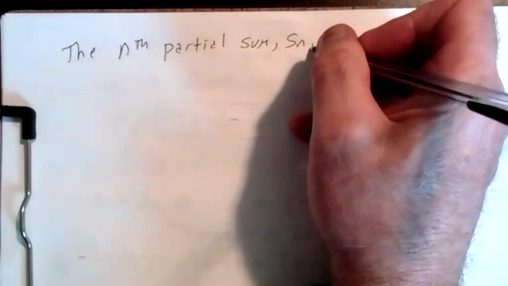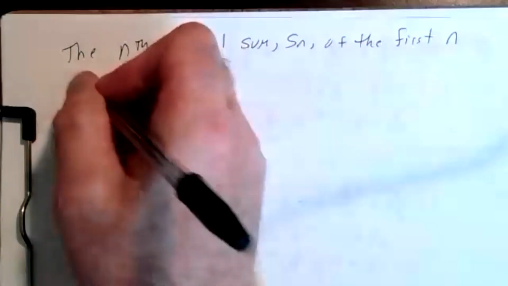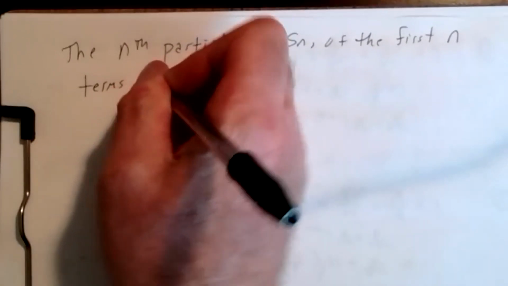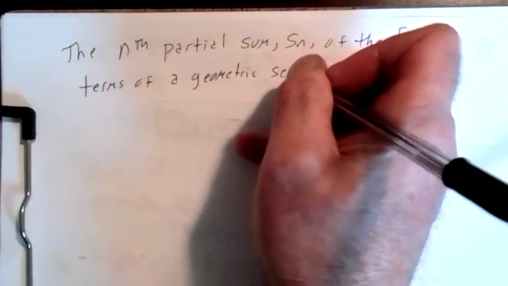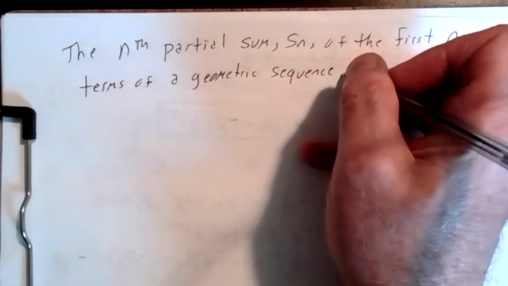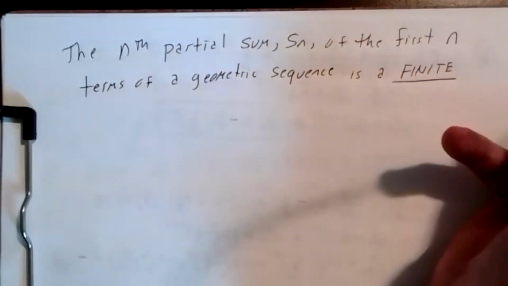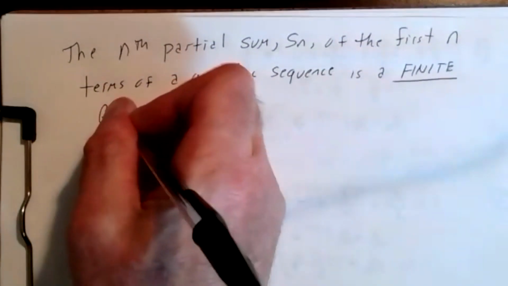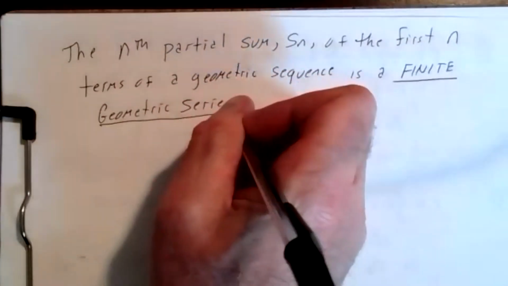Okay, all right, we say the nth partial sum, denoted as S sub n, of the first n terms of a geometric sequence is a finite geometric series. So this is the definition of what a finite geometric series is.